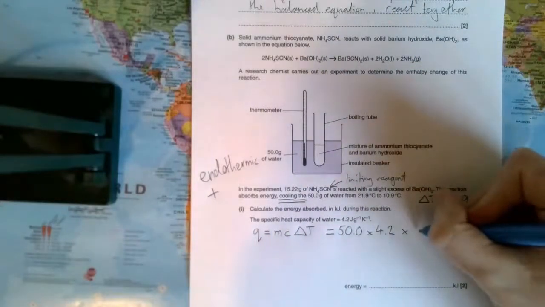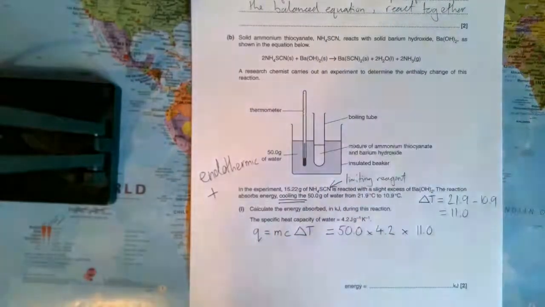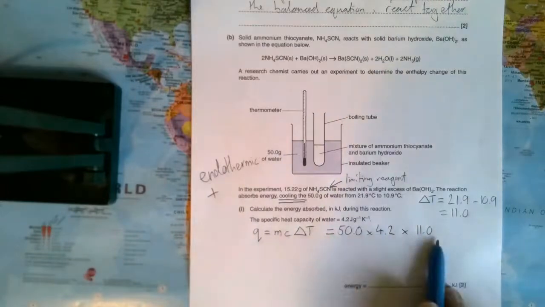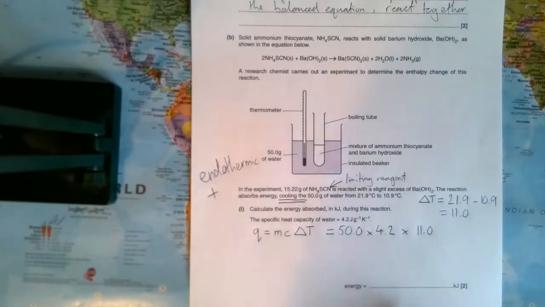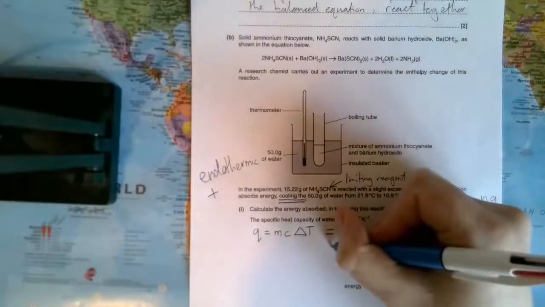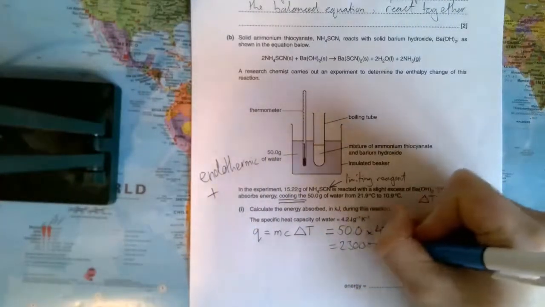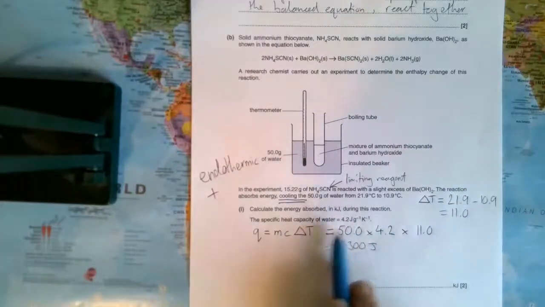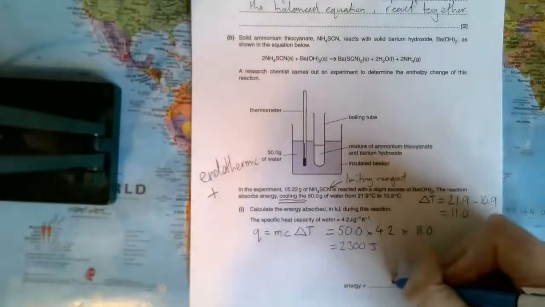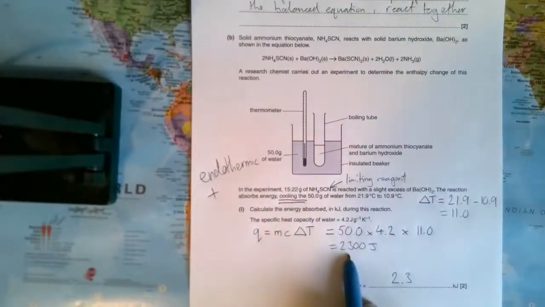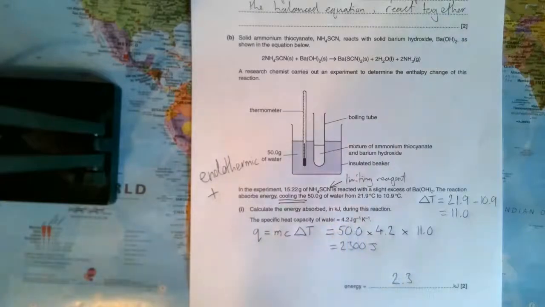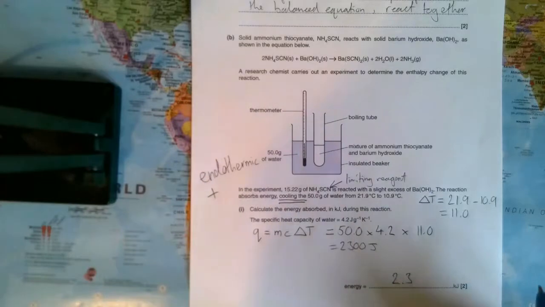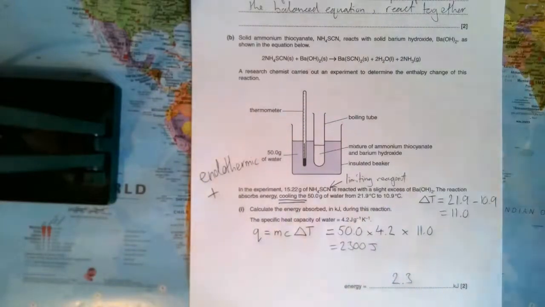So 50 times 4.2 times 11.0, putting all of that in correctly would give you 1 mark, and successfully using the calculator to come up with 2,300 joules is good, but RTFQ, they want it in kilojoules, so you divide by 1,000, so 2.3 kilojoules. If you'd used 4.18, you could get both marks by putting 2.299 kilojoules.